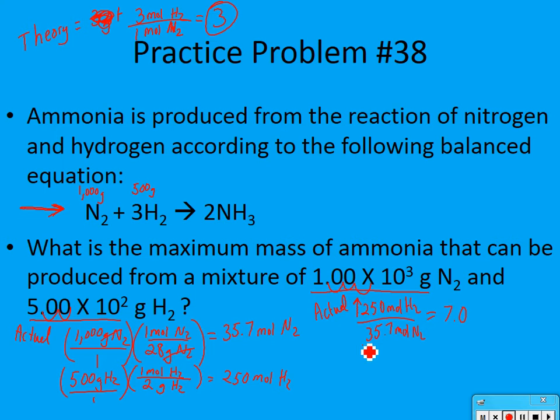If this number on the bottom goes up, what happens to this one? It gets smaller. If you divide by a larger number, this number is going to get smaller. So we need more of the bottom one to get to 3. So we don't have enough of the nitrogen. So let's make note of that. N2 is the limiting reactant.